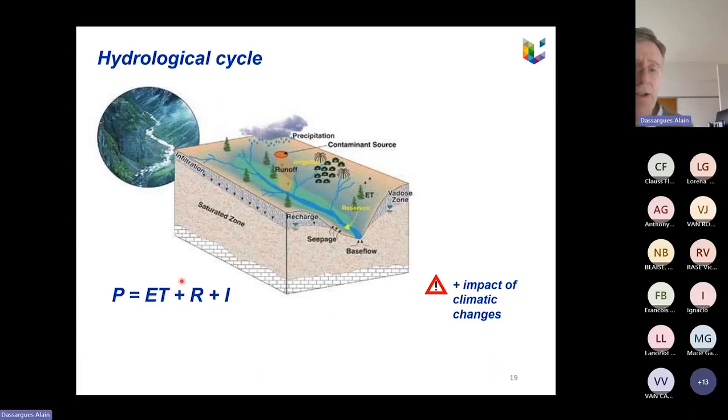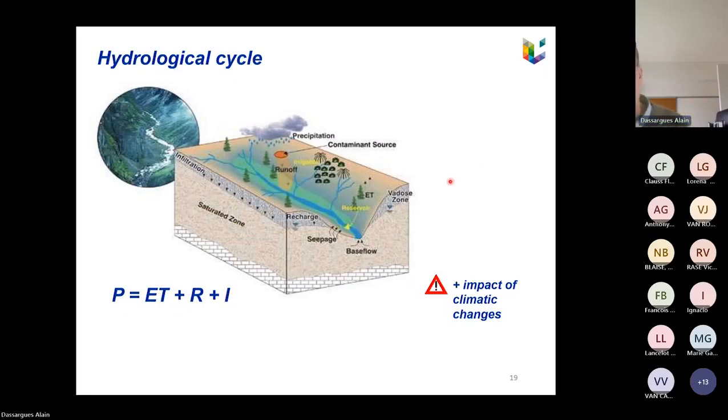The second choice is eventually to run off, to flow until reaching the river, and then to be at the surface. So this is called the runoff. And the third way is to be infiltrated. And of course, as a groundwater specialist, I am very often interested in that term of infiltration. And of course, the impact of climatic changes can affect those terms.